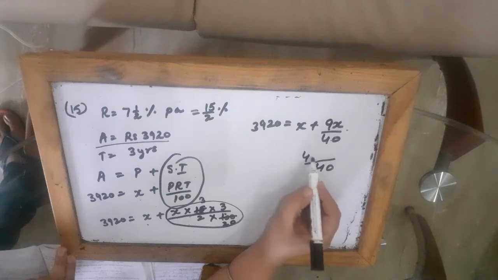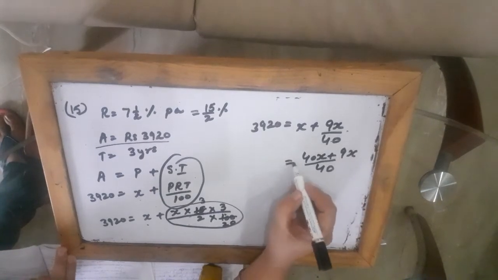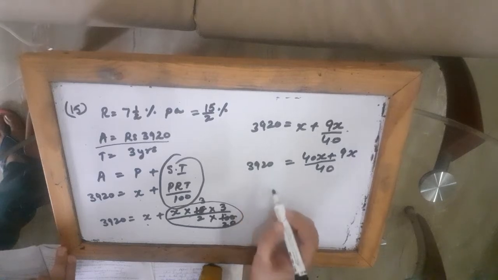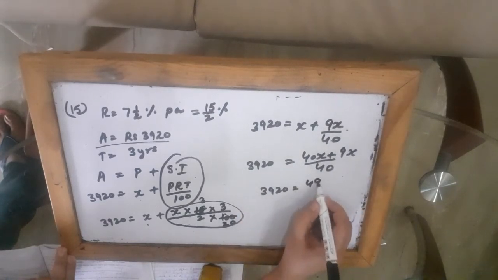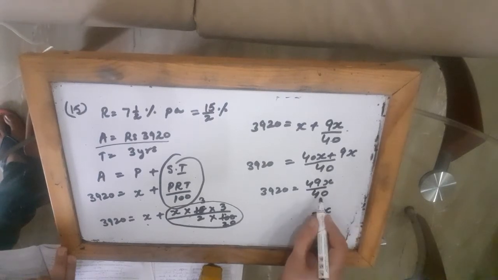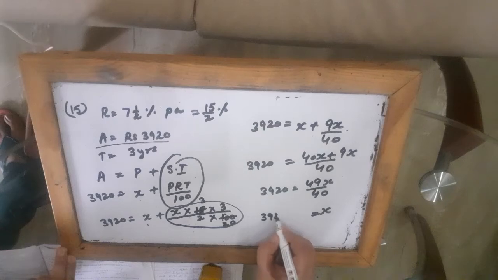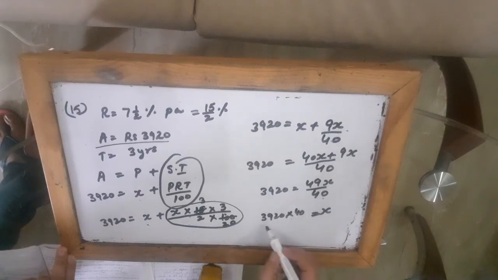LCM will be 40, so this becomes 40x plus 9x, and the other side is 3920. Now this becomes 49x upon 40. So in order to find x, this 40 I'll send to the other side, it will become multiply by 40, and this 49 multiply will become divide.